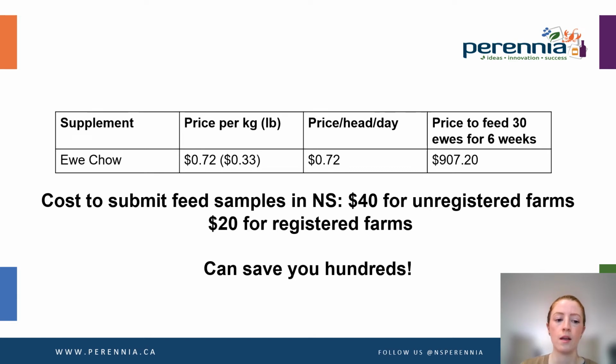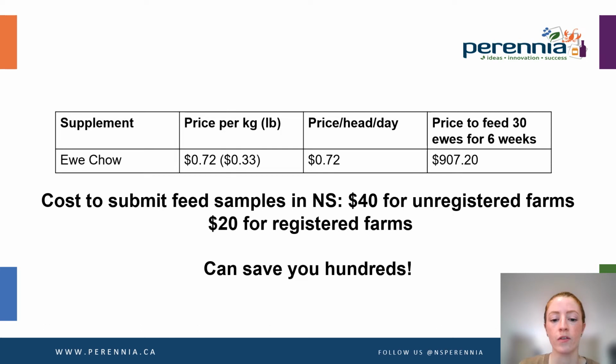So when you actually calculate it out, how much ewe chow that is, you can figure out the price per kilo or the price per pound. You know how much you have to feed them per day, and then you can figure out how much it's going to cost to feed 30 ewes for 6 weeks. So just over $900.